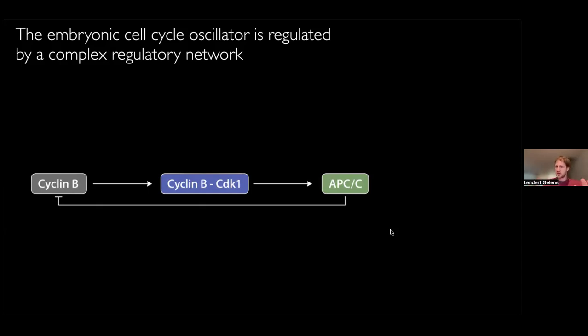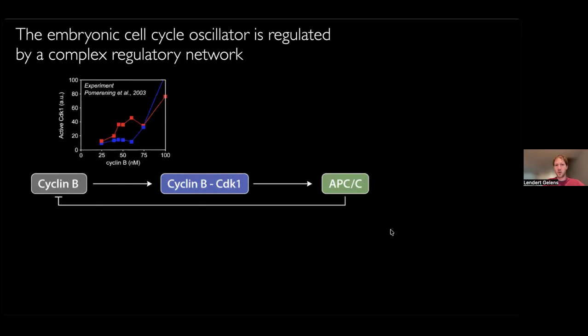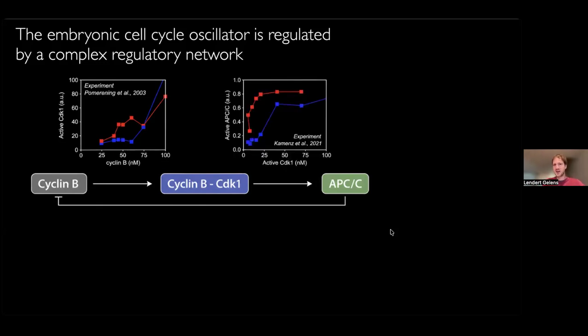That's at the heart of the cell cycle oscillator in all systems. And then we use the fact that this cyclin CDK1 response curve is bistable, which was measured experimentally. And something that we noticed several years back is that APC as a function of CDK1 is in fact also bistable. So this is also something that we can take into account.